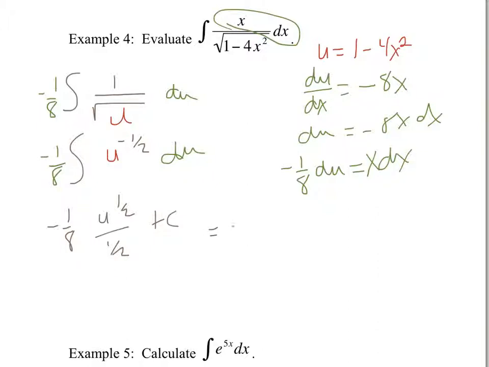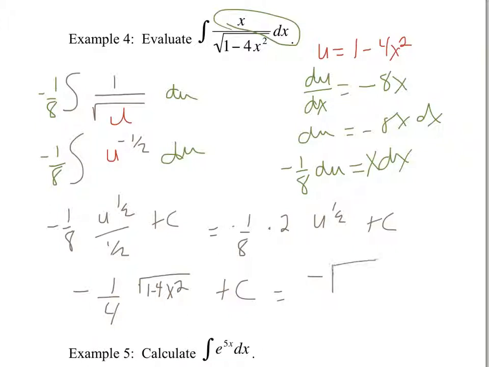So that's going to equal negative 1/8 times 2 times u to the 1/2 plus c. And so I'm going to get negative 1/4 times the square root of 1 minus 4x squared plus c. A nicer way to write that might be the opposite of the square root of 1 minus 4x squared, over 4, plus c.